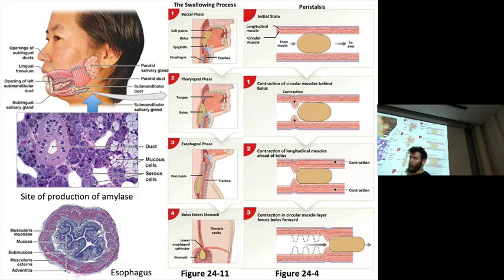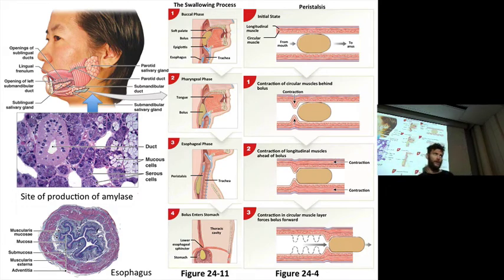So one thing I will point out here in the mouth is we have these salivary glands, and here's a cross-section of what looks like the submandibular gland. And these salivary glands are for the production of amylase.